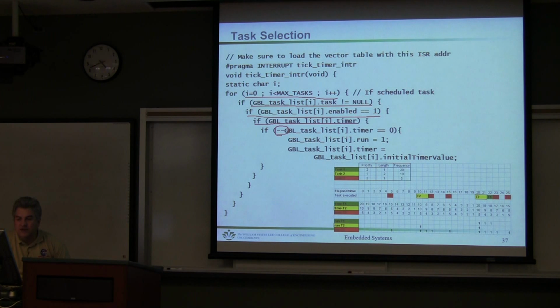If after the pre-decrement it is equal to 0, then you set the run bit, right here, to 1, and then you change the initial timer value.